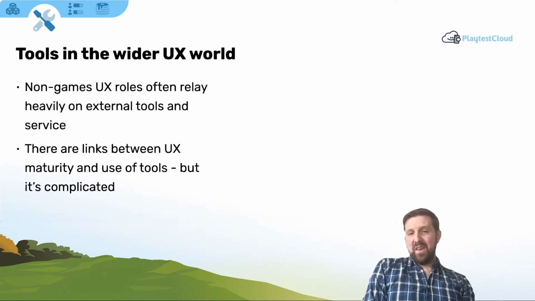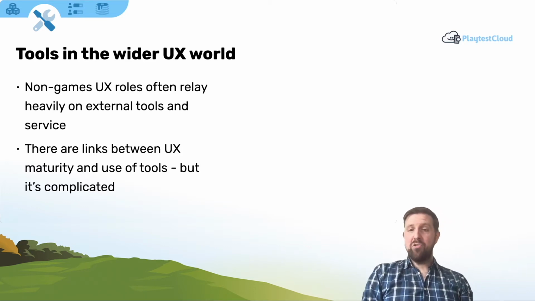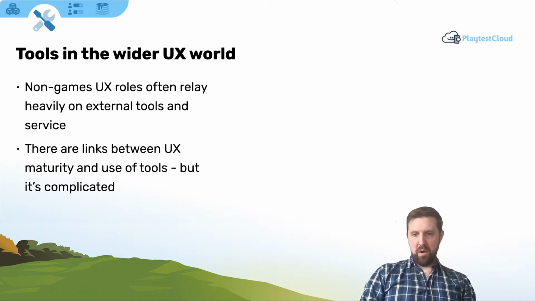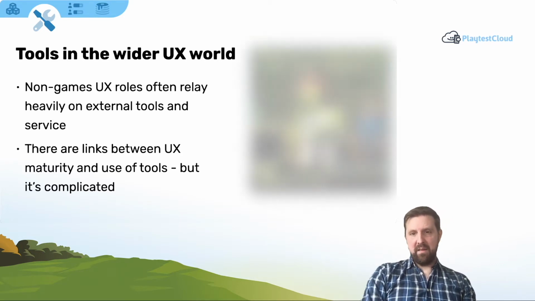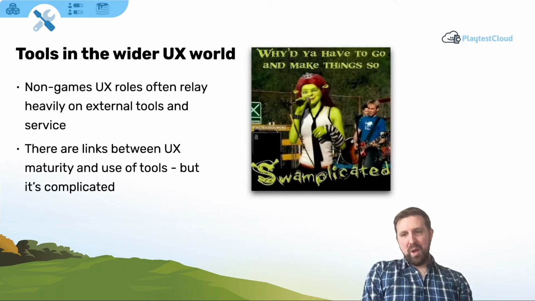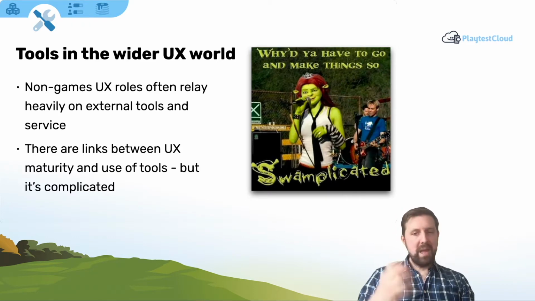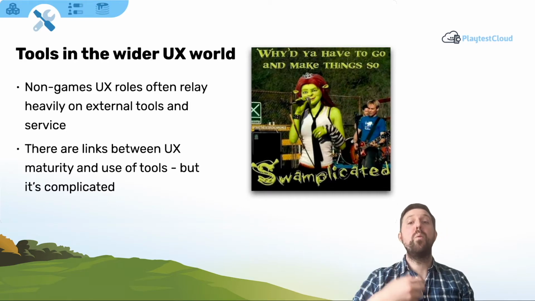Because it's likely that you're using those tools consistently and you're trying to get data that helps you develop the product. But at the same time, it's pulling you along. Using these tools well can be a really good way to strengthen all the principles of maturity. But it's complicated. And when we go on to talk about the impact and implications of using tools on a day-to-day basis, we'll start thinking about how to keep a methodological mindset, even when it feels like you're just focusing on what tools to use.